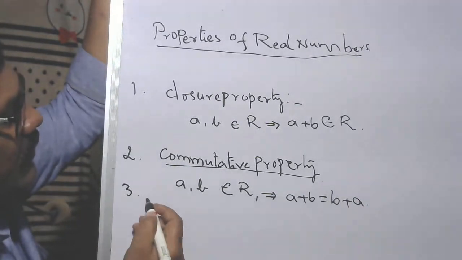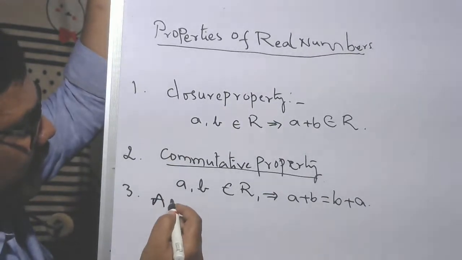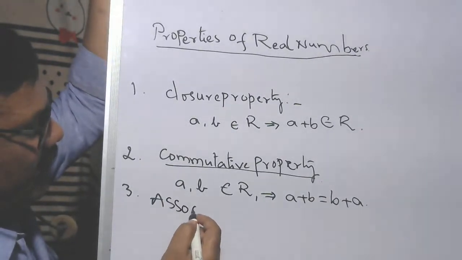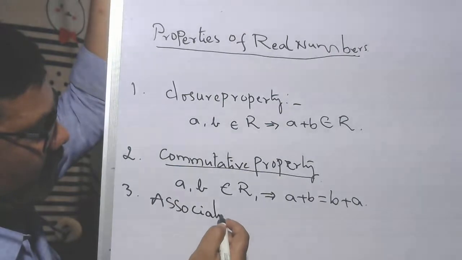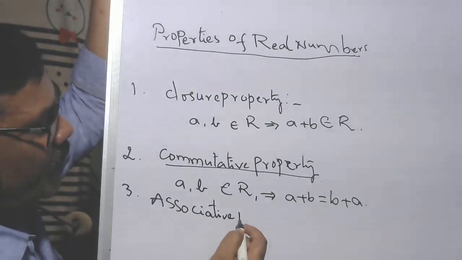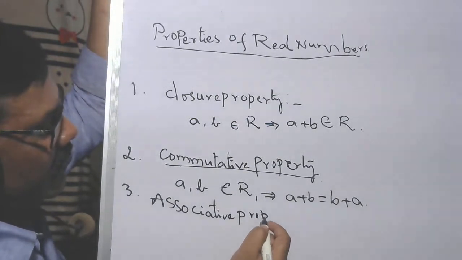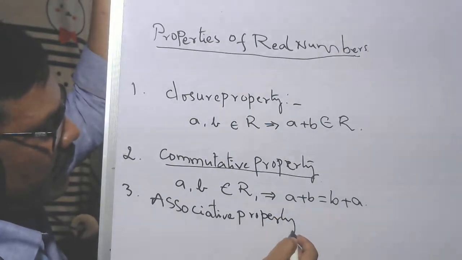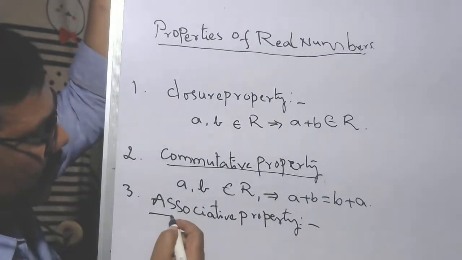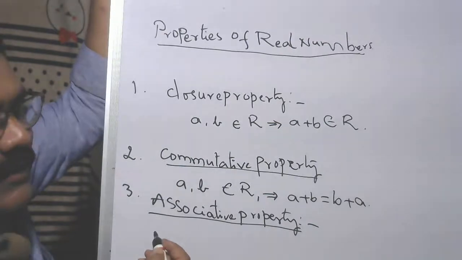Next, associative property. In this we have to take three elements.